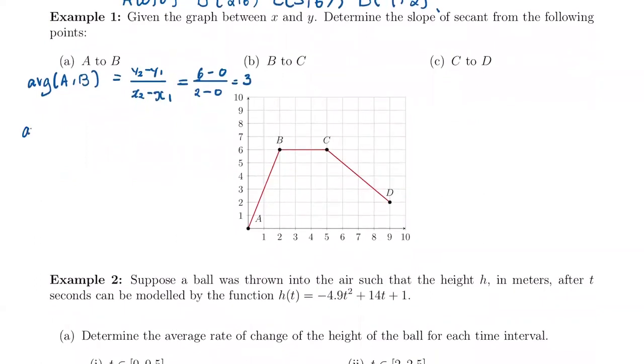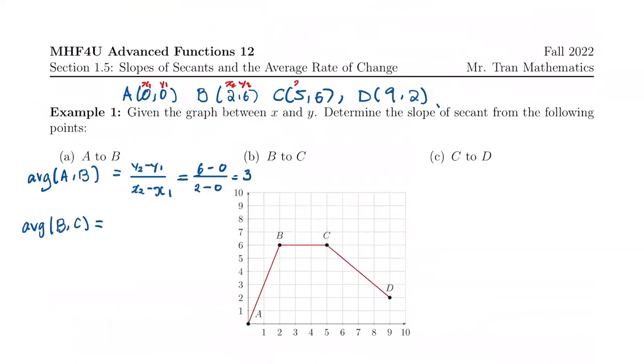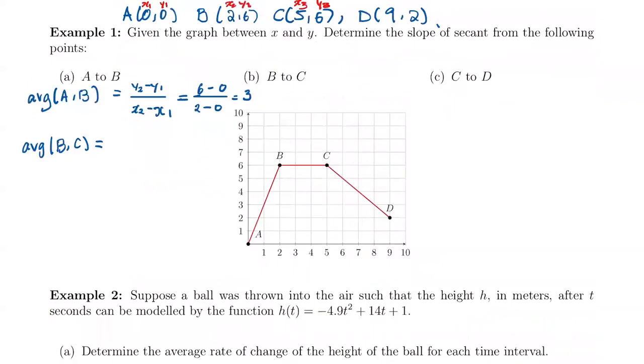Now let's calculate between B and C. The average from B to C is calculated using the same formula. We're going to call C x3, y3. So that is simply going to be y3 minus y2 over x3 minus x2. Putting the values in, we have 6 minus 6 divided by 5 minus 2.